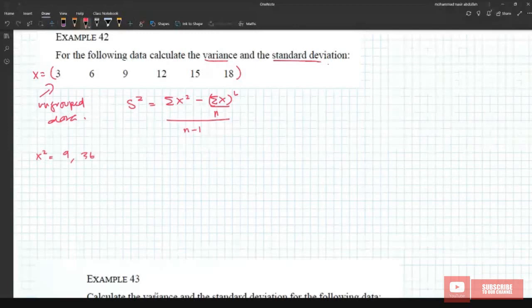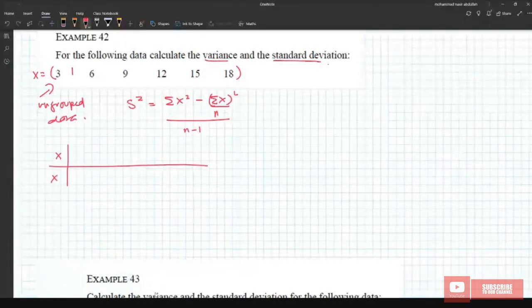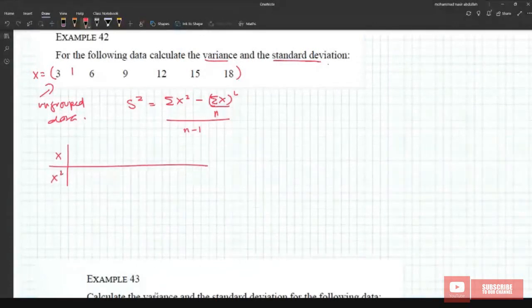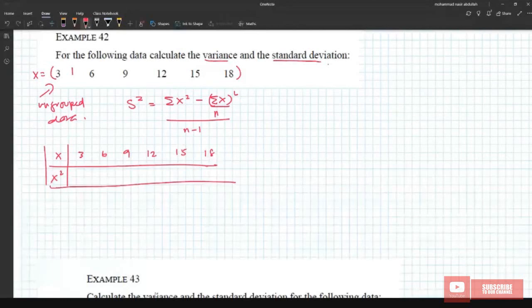Let's put it into a box so we can get a nice view. So here is x, and this is your x squared. The values are 3, 6, 9, 12, 15, 18, and the last is the total.